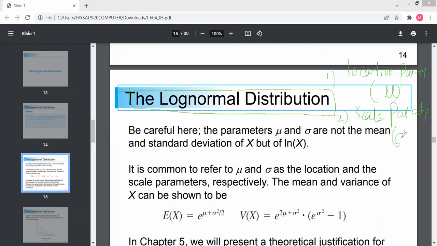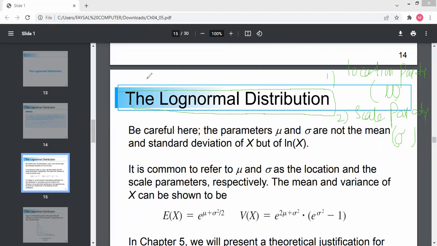The scale parameter is my sigma value. So these are the two values that we find by using a formula, to find the location parameter and scale parameter for a given system.